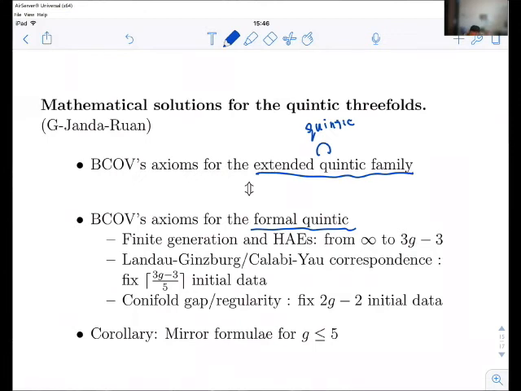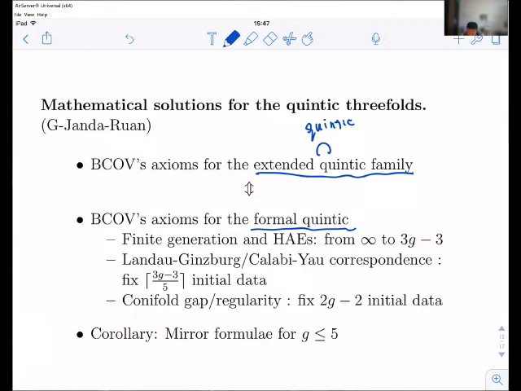So first, the finite generation under the holomorphic anomaly equation that holds for the formal quintic theory also holds for the extended quintic family. This is because we will see later that this construction preserves the holomorphic anomaly equation. And also this, what we call orbifold regularity.